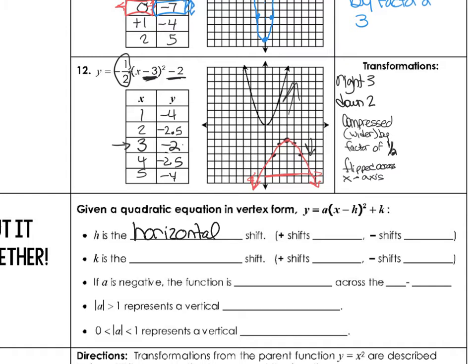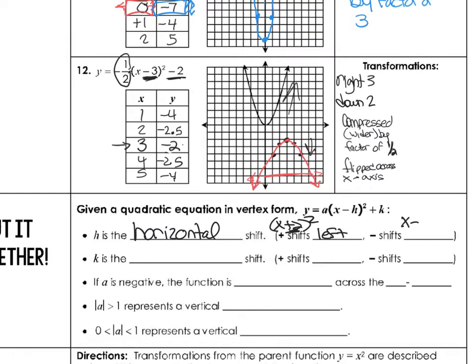Now this is what they're saying: if I had x plus 2 squared, then it's the opposite, so it's negative, so I'm going to shift to the left.